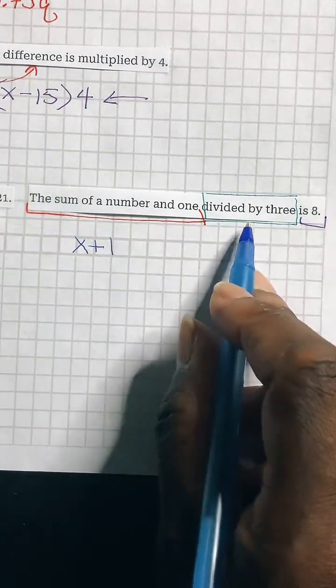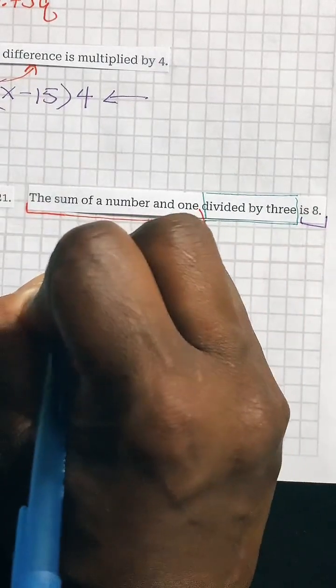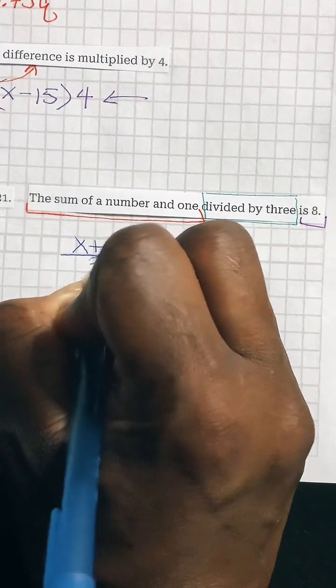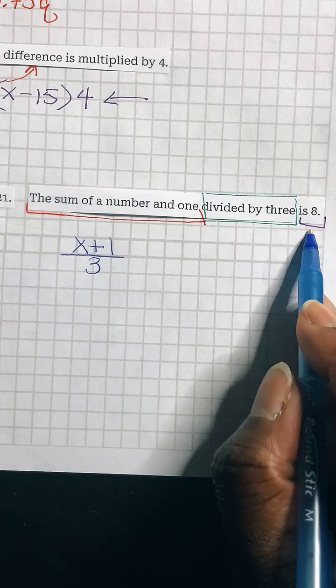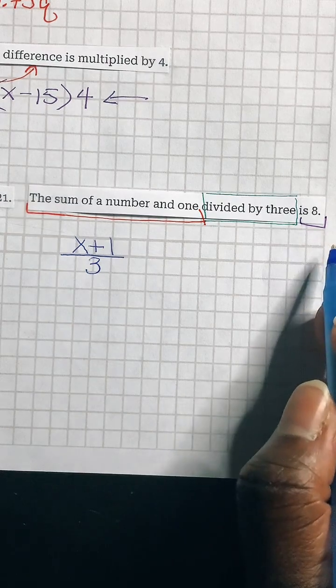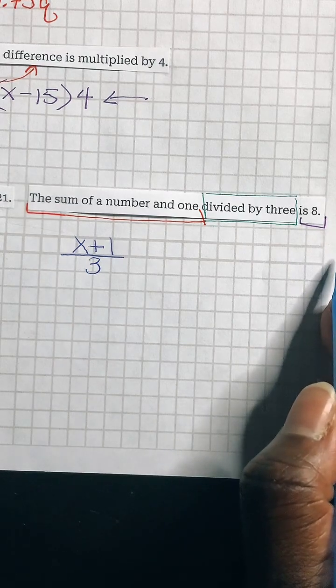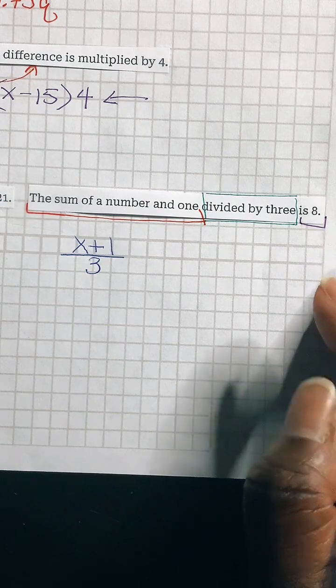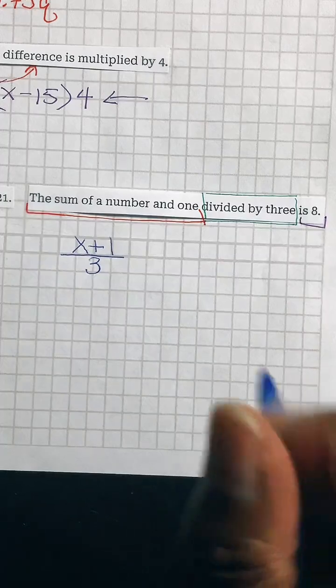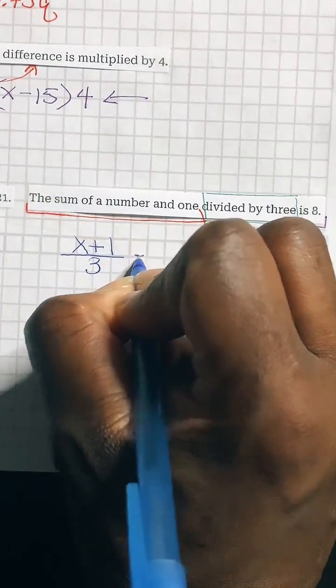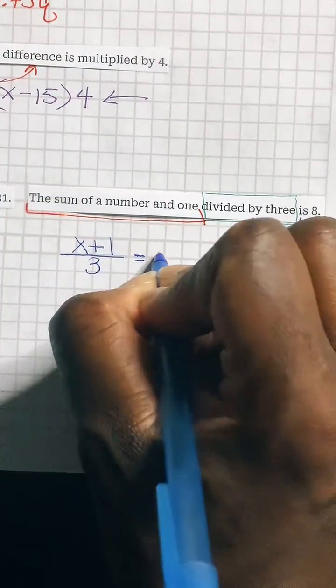Now it's going to be divided by 3, so that whole thing being divided by 3 is 8. What does is 8 mean? Yep, got the divide by 3. Good, Nicole. Equals, good. So equals 8.